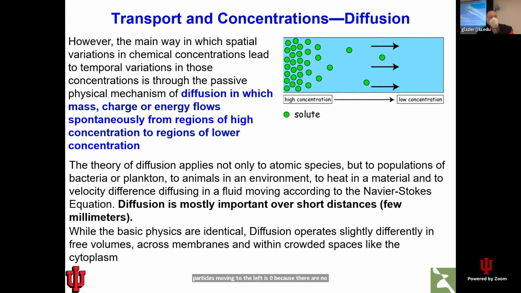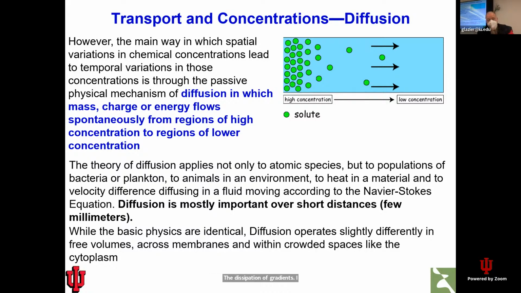If I look on the left, in towards the left middle, there are particles that are moving from the left to the right, but there are no particles moving back because there are no particles to move. And so there's a net flux from the left to the right. And that's how we get equilibration of gradients, the dissipation of gradients.